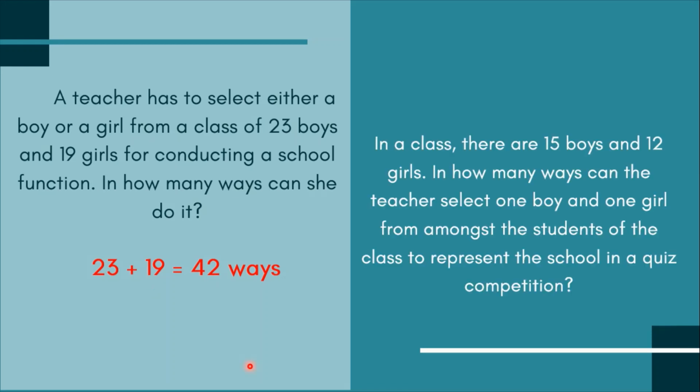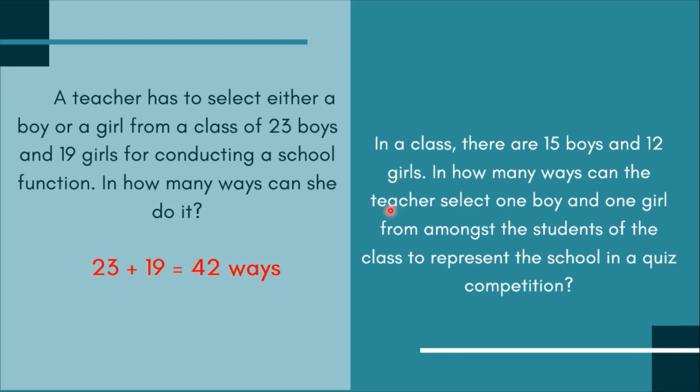In a class, there are 15 boys and 12 girls. In how many ways can the teacher select one boy and one girl from amongst the students of the class to represent the school in a quiz competition? So, based sa situation natin, given ang dalawang activities, pagpili ng boys at pagpili ng girls, dalawang task, both activities ang gagawin natin.